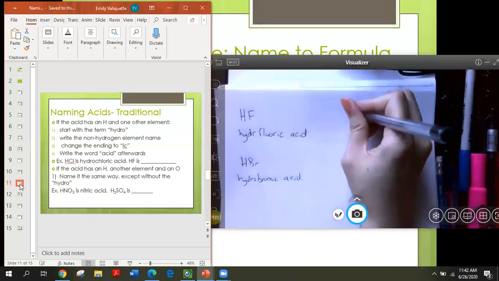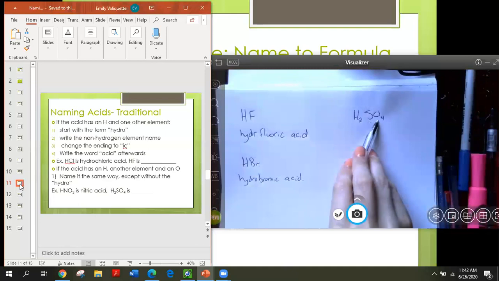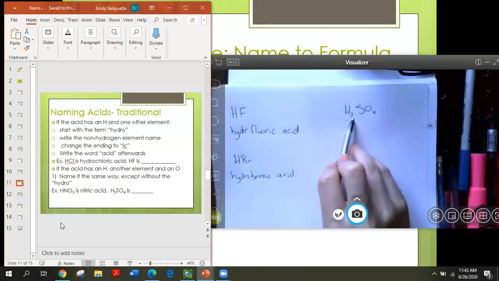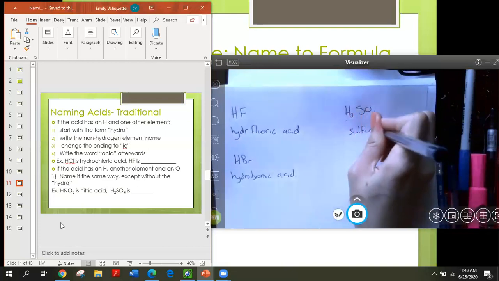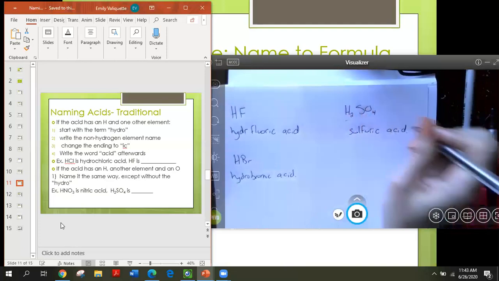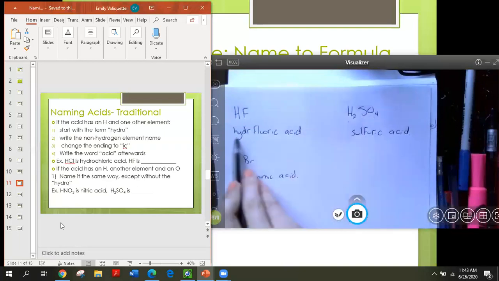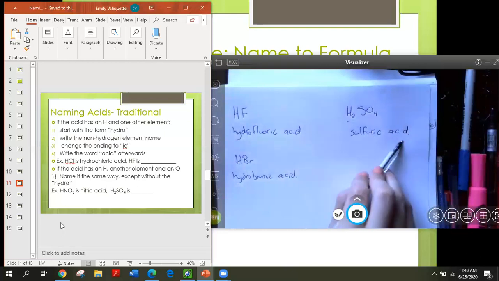If you have hydrogen bonded to two other elements like S and O, or in this example down here, N and O, you no longer write hydro, you would write sulfuric acid. So as soon as you have hydrogen bonded to more than one other element, you no longer use the prefix hydro. You just write the name of the second element, change it to ic, and then write the acid.